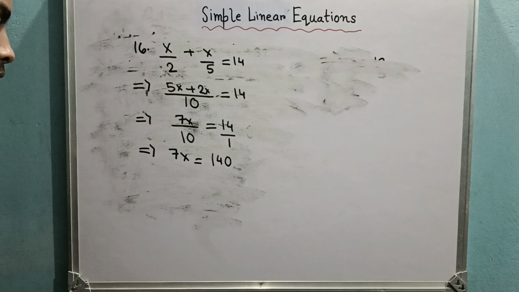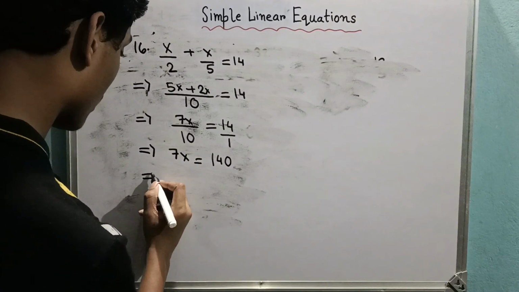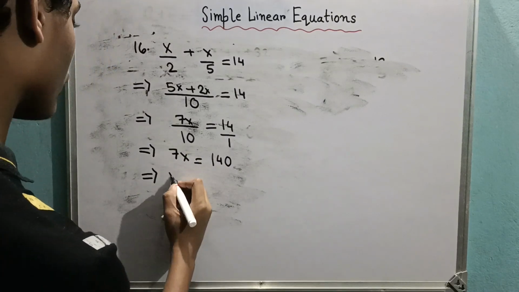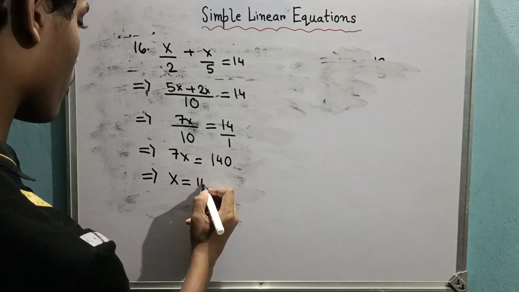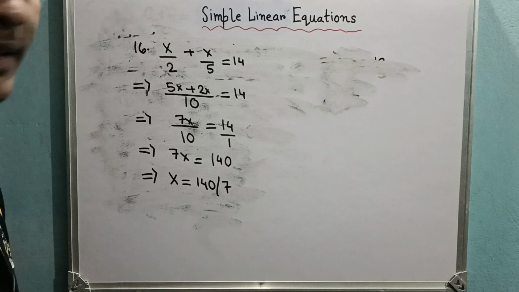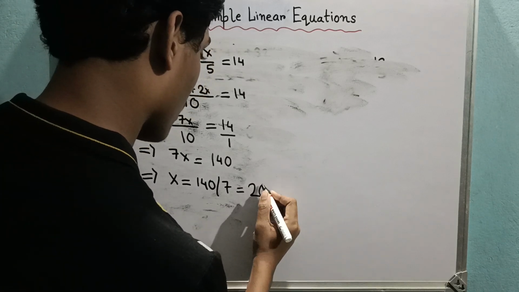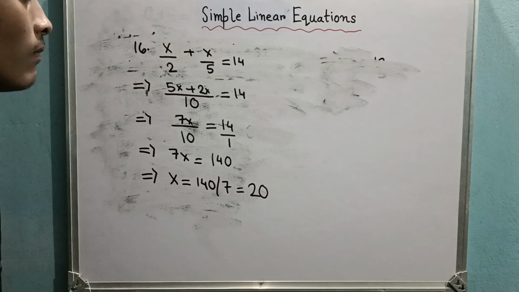That is your choice. But write the x term or the variable term on this side. That is much preferred. So here x will be equal to 140 by 7, and that is equal to 20. So this is the answer of this question.